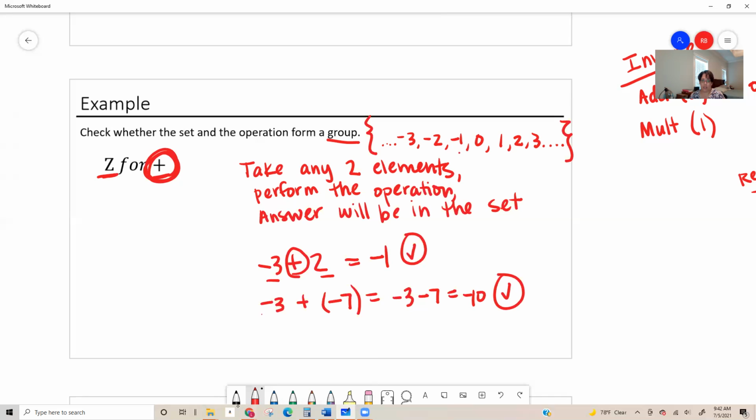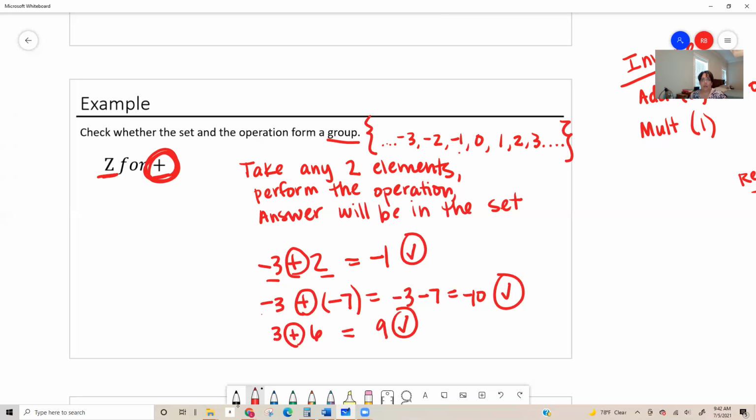Now, I'm also going to check this for two positive numbers. Let's just say we take the positive number 3 and we add 6 to it. Again, we are checking it for addition each time. All right, 6 plus 3 is 9. Is 9 also an integer? Yes, it is.